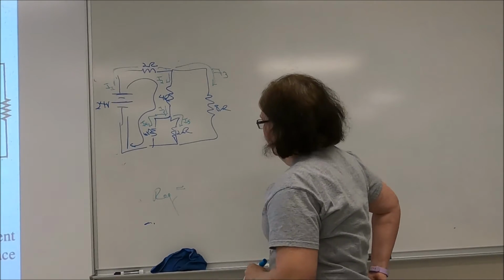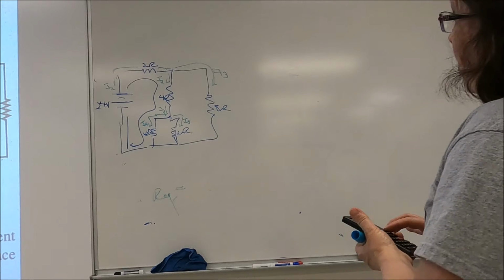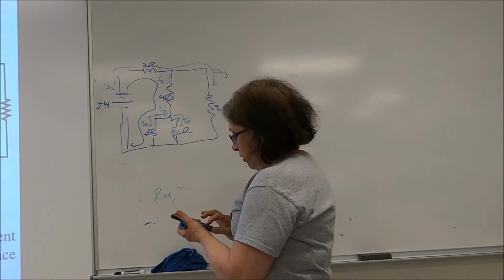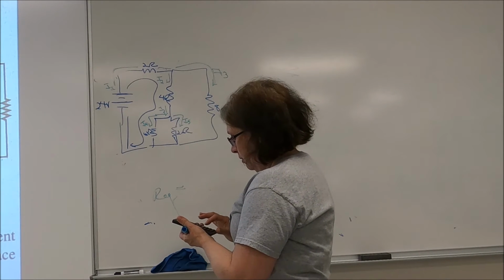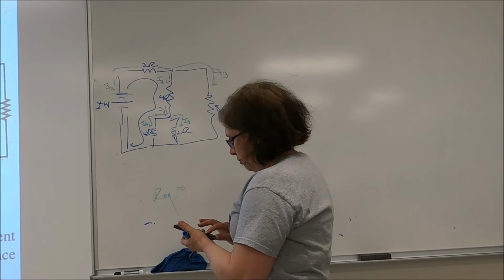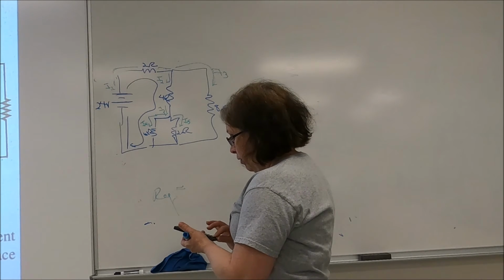Now I want to get R equivalent for the whole circuit. Okay, and I'm going to do this fairly quickly. So these two are in parallel with each other. So 1 over 6 plus 1 over 12.